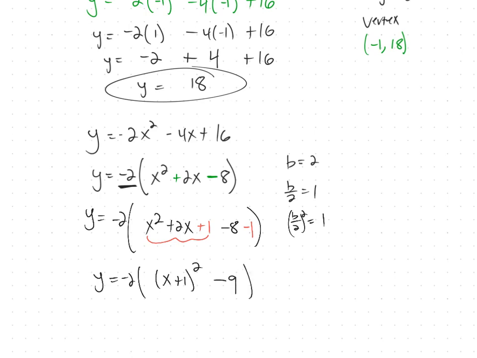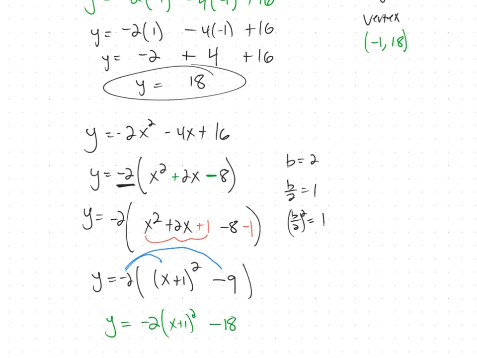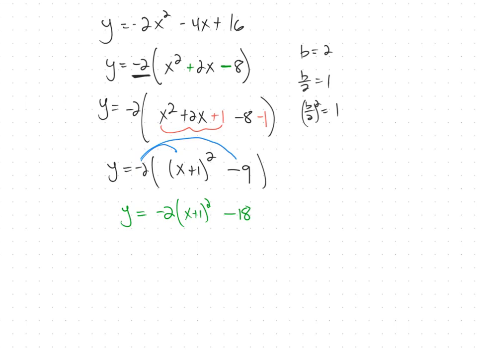Now here's the beautiful part, is that we can actually go back and redistribute this -2 to both pieces. So we get our vertex form, y equals -2 times x plus 1 squared, minus 18. Look at this. This is beautiful because we now have our vertex.